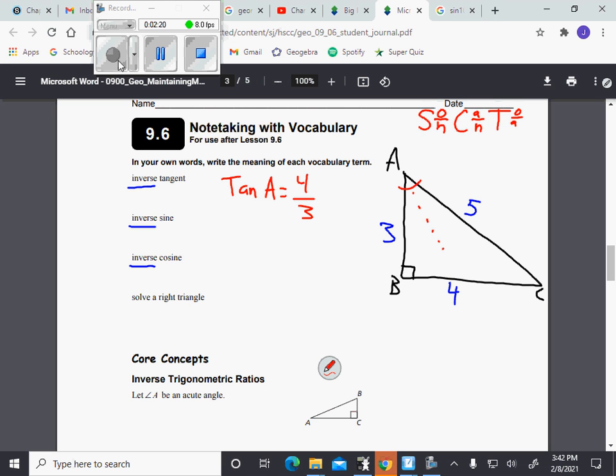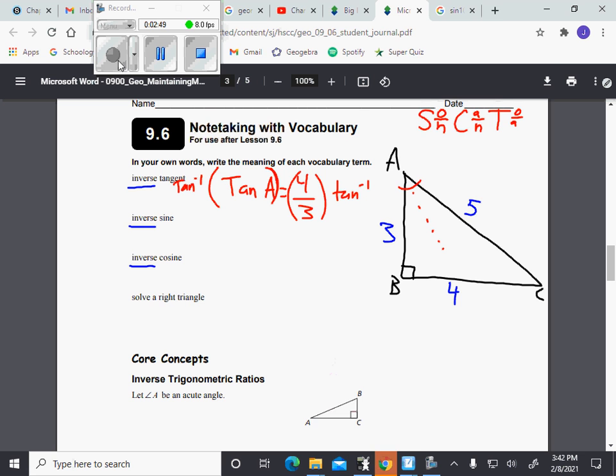To find the inverse tangent of A, we want to just solve for A, right? So we want to get that tangent out of there. So we multiply by the tangent inverse on both sides.